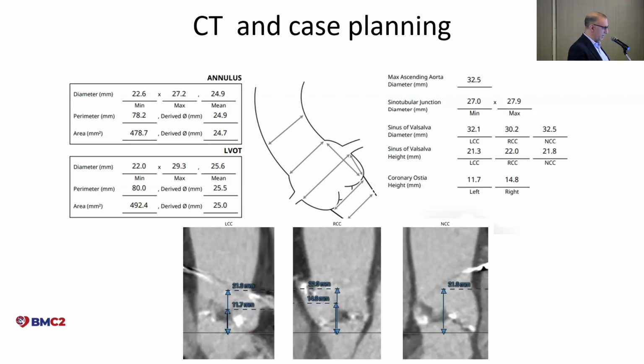If you look at this case, you have a perimeter of 78, an area of 478.6. Coronary heights are all over 8. Sinus widths are over 30. So this patient is an ideal candidate for a 26 Edwards valve. It would be a 25 or 27 Portico or a 29 CoreValve.